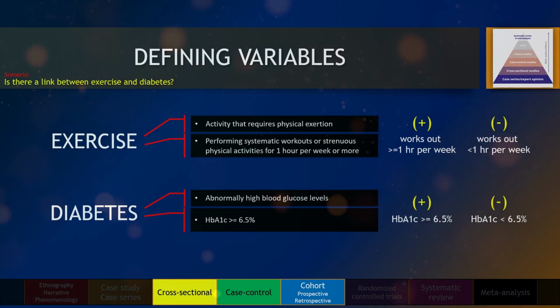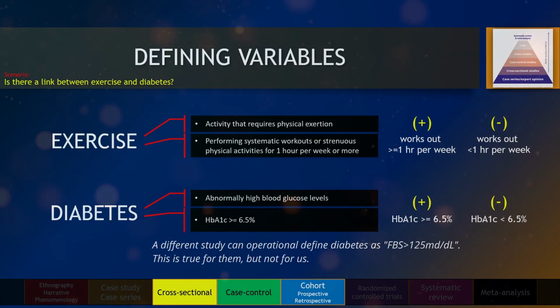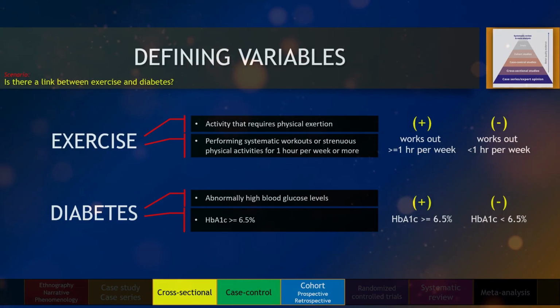For instance, a different researcher can operationally define diabetes as someone with a fasting blood sugar or FBS of greater than 125 milligrams per deciliter, which is another clinical definition of diabetes. Operational definitions set a clear standardized context for your study to your readers for purposes of critique, comparison, and even replication.